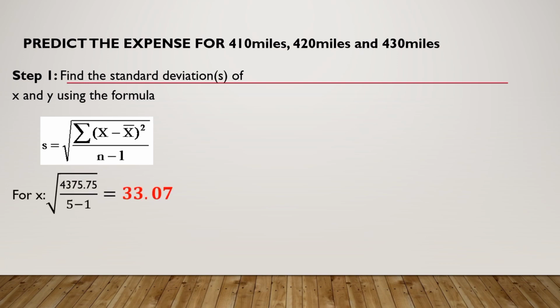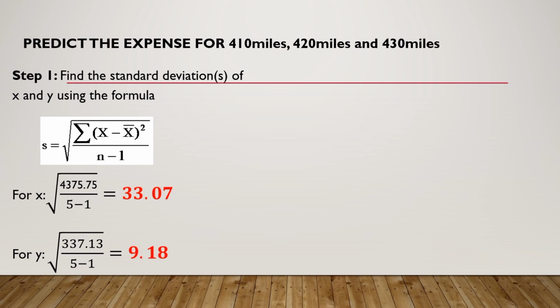For x, we have the square root of 4,375.75 divided by 5 minus 1, so we'll have 33.07. For y, we have the square root of 337.13 over 5 minus 1, which is equal to 9.18.